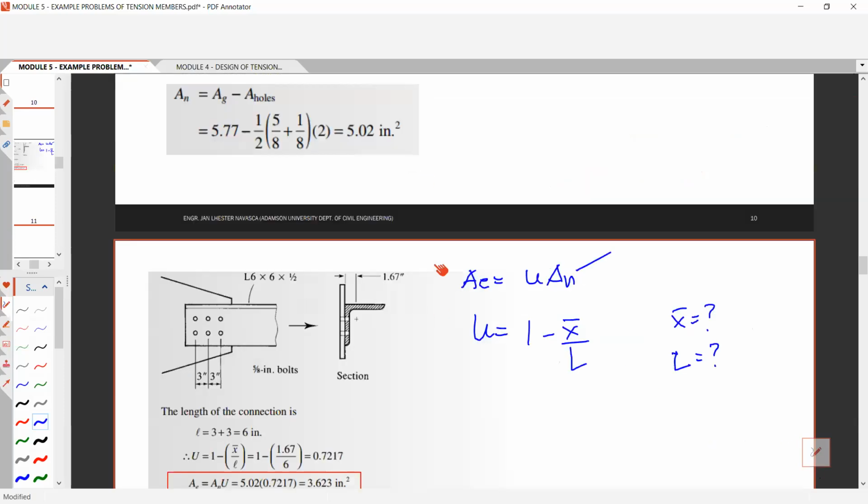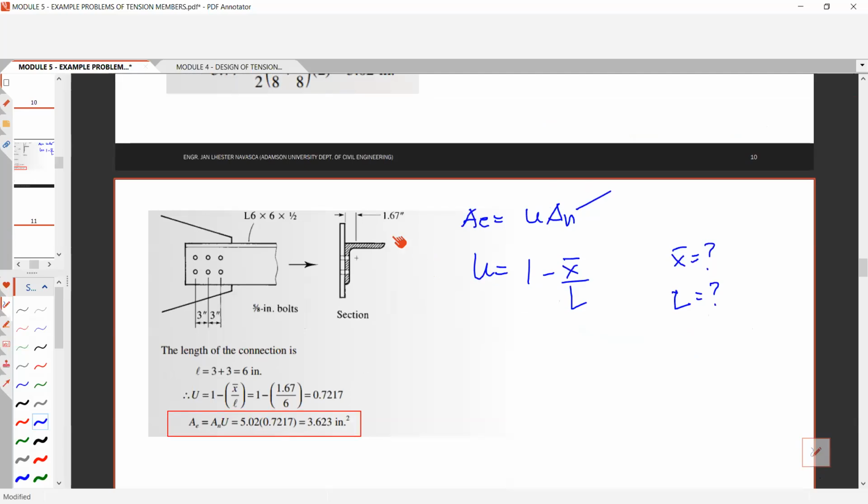Therefore, your X bar is the distance from the centroid of the angle to the connection, that is 1.67.